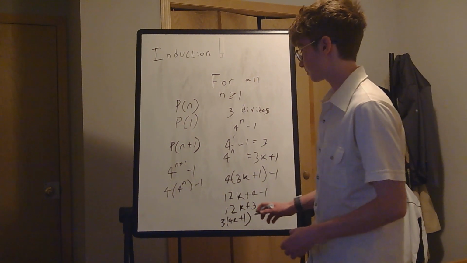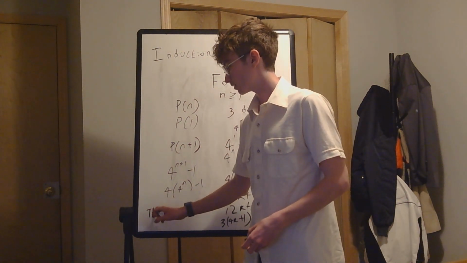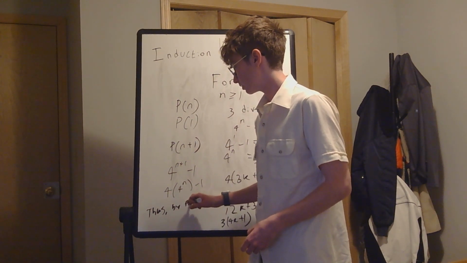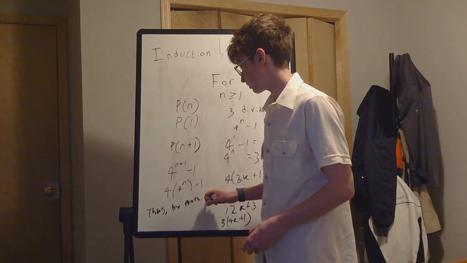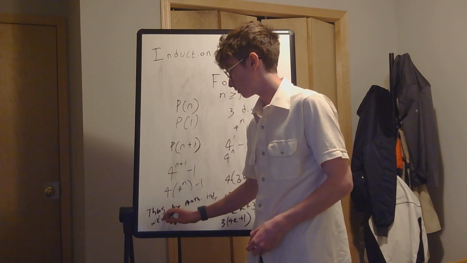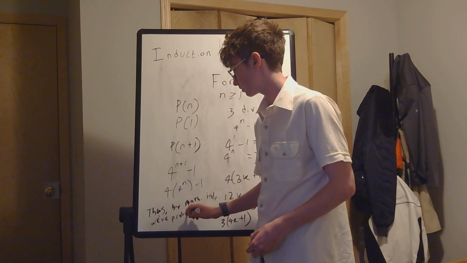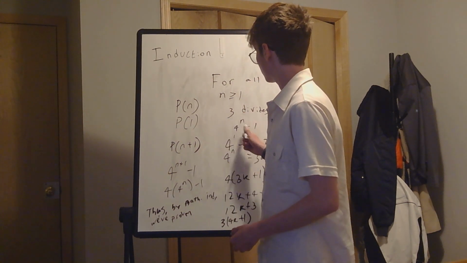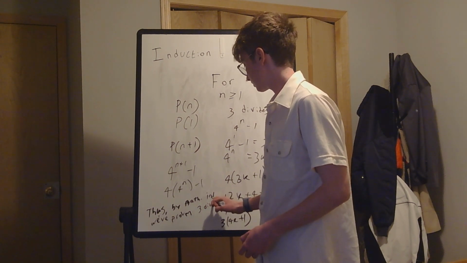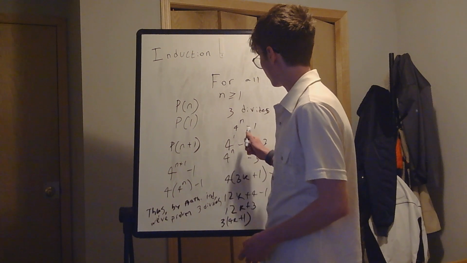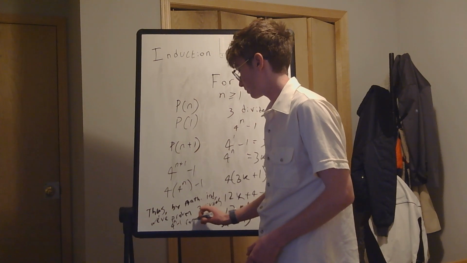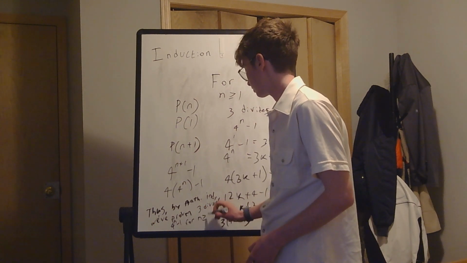So then, at the end of the proof, we say, thus, by mathematical induction, we've proven that 3 divides 4^n - 1 for all n greater than or equal to 1.